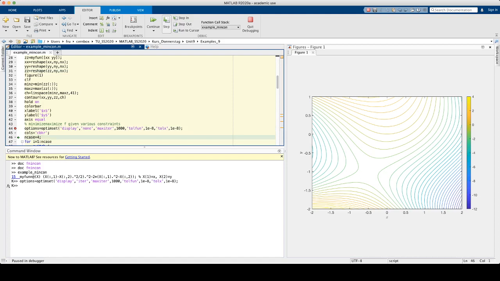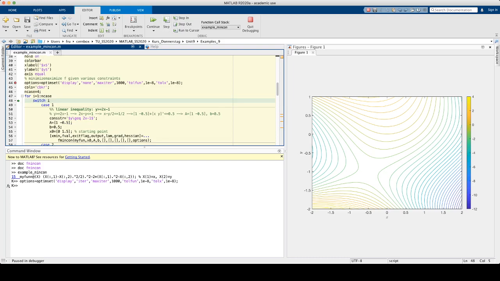I set some functions. I demonstrate the solver, which is called fmin_con, on four different examples with linear inequalities, linear equalities, and non-linear equality.